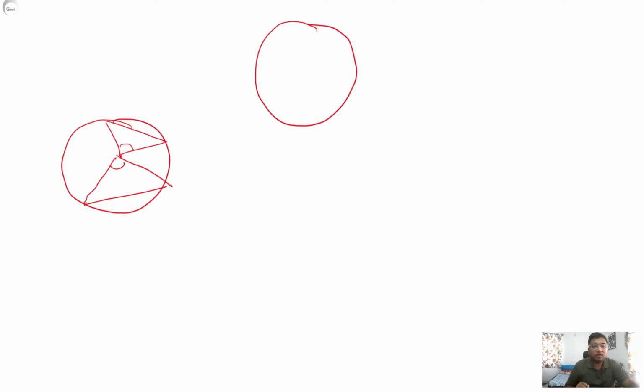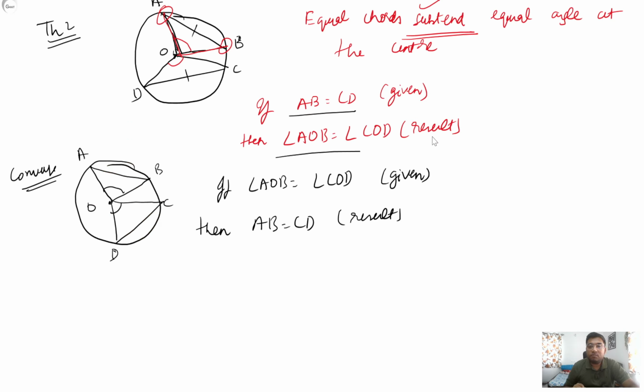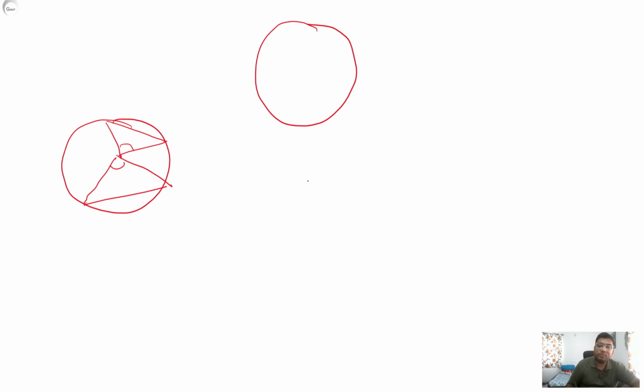We had done it, let me find out, yep, I found it. So this is where we had done it. Equal chords will subtend equal angles at the center. I think we all know that, right? Right? So now what we need to get to is equal chords also subtend equal angle at the circumference.